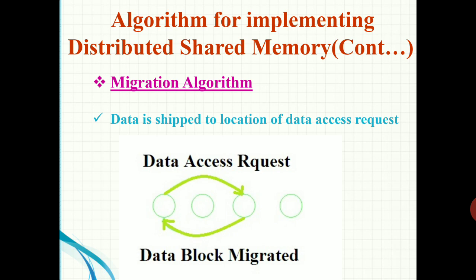There is a chance of thrashing, which is a disadvantage, but we can use the virtual memory associated with the individual nodes. Also, we solve the problem of the central server algorithm, that is, the bottleneck at the central server. Okay, that is about the second algorithm, the migration algorithm.